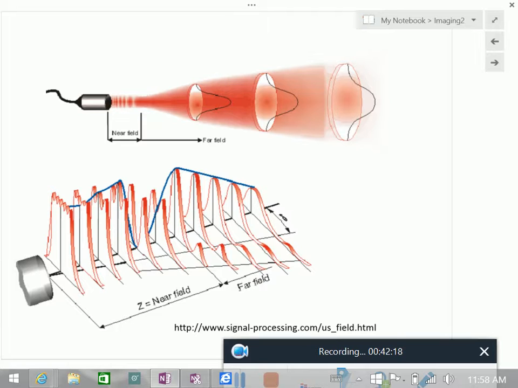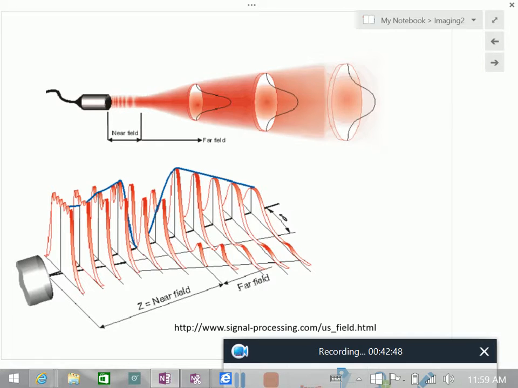So you have to avoid using a transducer in its near field, because we don't know exactly what it is measuring, especially in terms of amplitude. It still reflects back, but in terms of amplitude, it's kind of chaotic. And then we have the far field, where it becomes linearly divergent. So we have this angle delta.